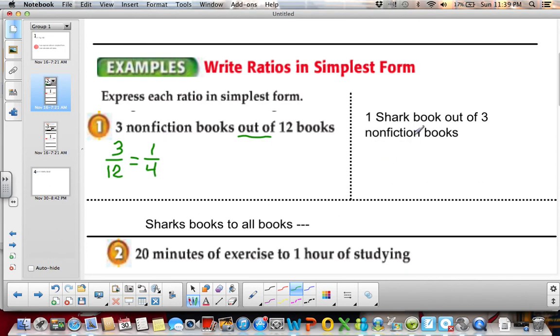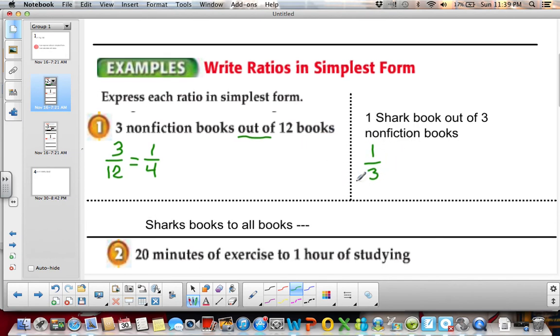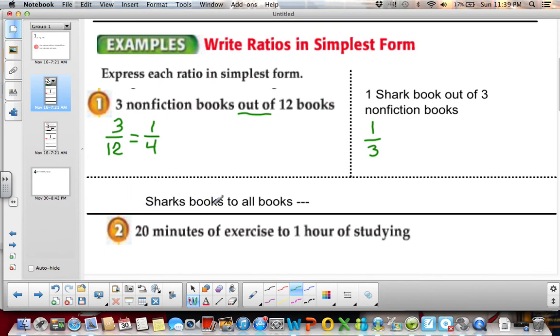If we have 1 shark book out of 3 nonfiction books, so for every 3 nonfiction books, there's 1 shark book. Simplest form is 1/3, so we can't simplify it any further. Shark books to all books, we want to compare.